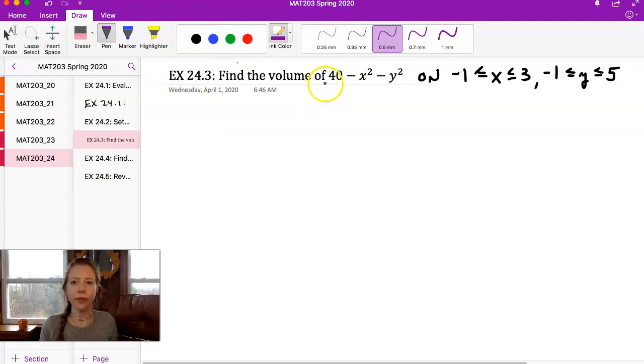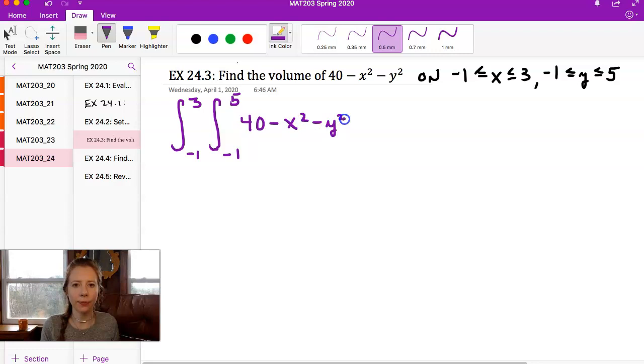So now for x, we're told we're going from -1 to 3. For y, we're going from -1 to 5. And our function is 40 minus x squared minus y squared. And this is going to be dy dx, since our y extents are on the inside and our x extents are on the outside.